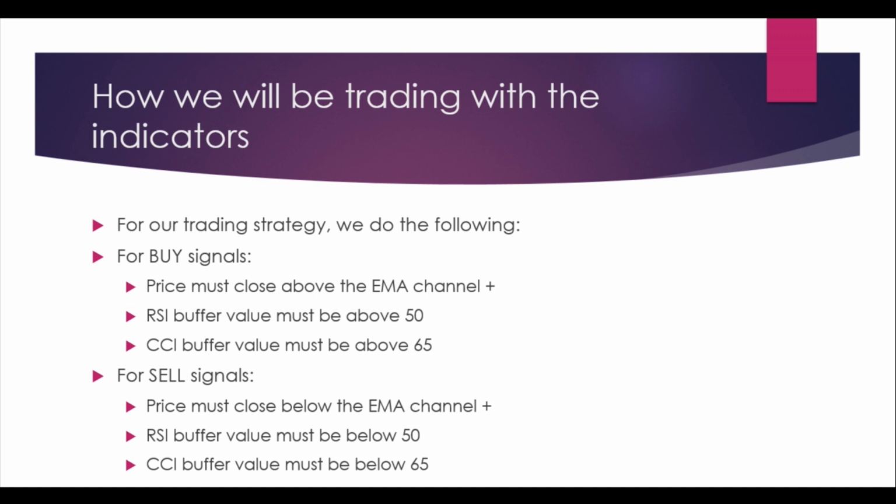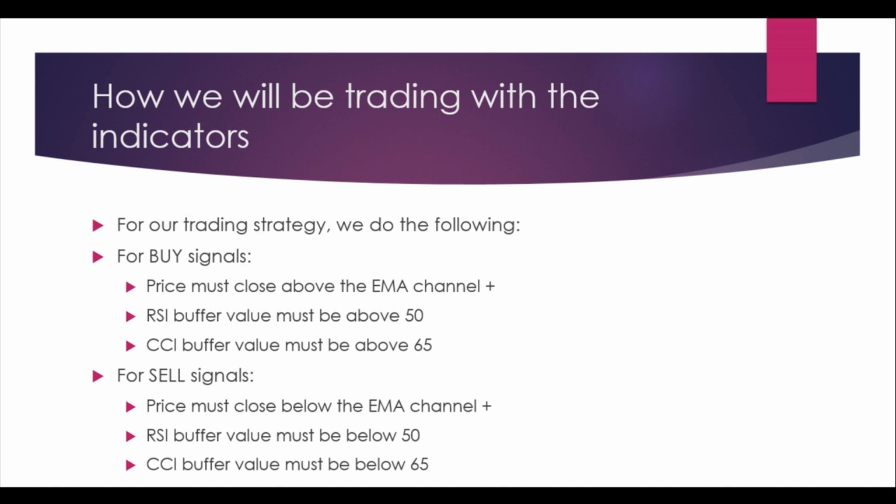Then we're going to look at whether this price is closing above the EMA, and whether the RSI is above 50, the 50 value of the RSI, plus whether the CCI is above 65. Ideally you could say 100, but I think 100 is a bit too much movement.